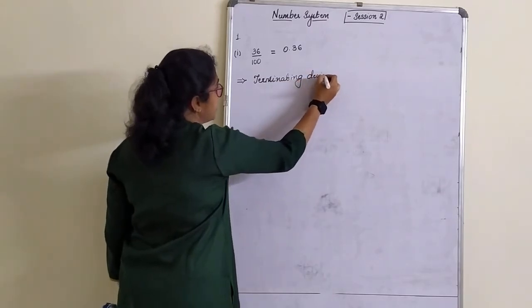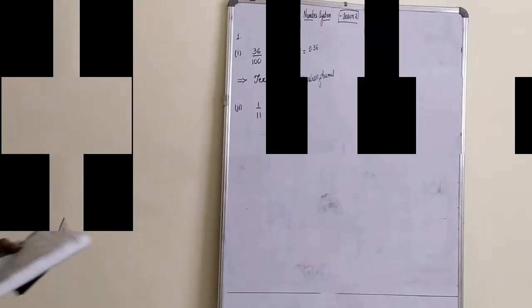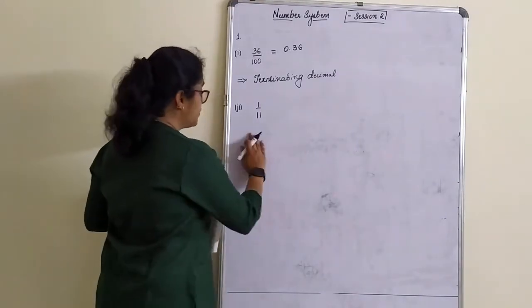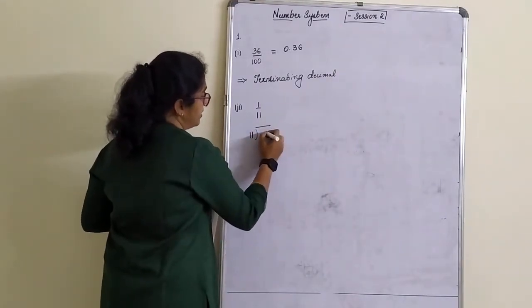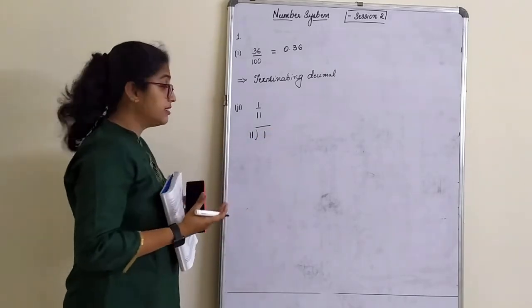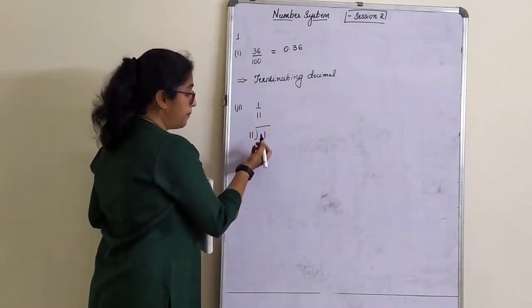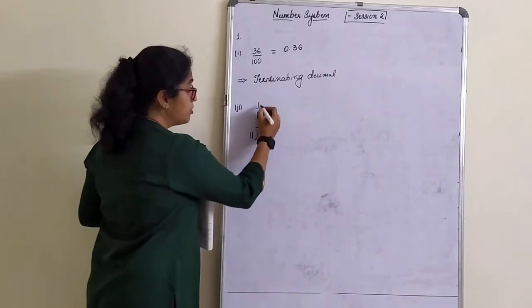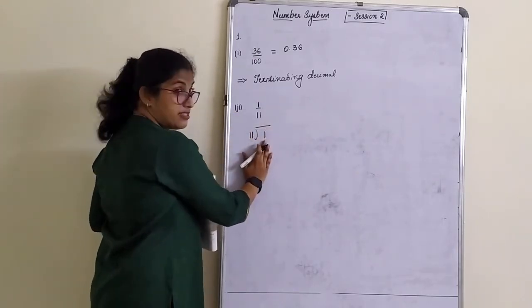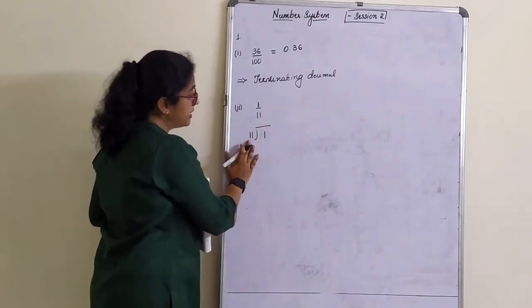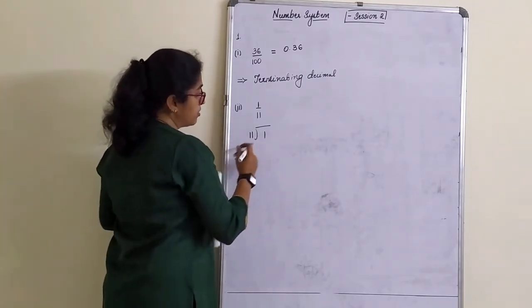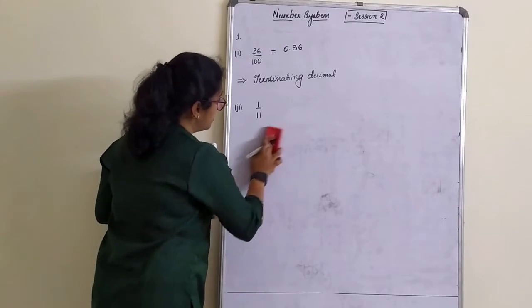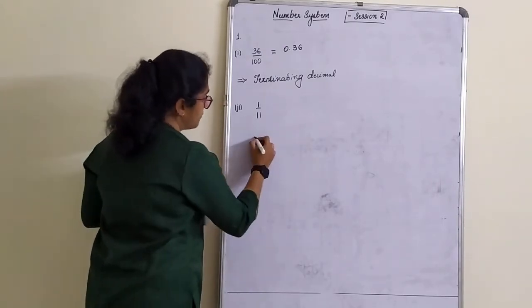Okay, terminating decimal. Okay, so we'll start with the next one. So 1 by 11. So 11 and 1. Always choose the proper dividend and divisor. The numerator is always the dividend and the denominator is always the divisor.